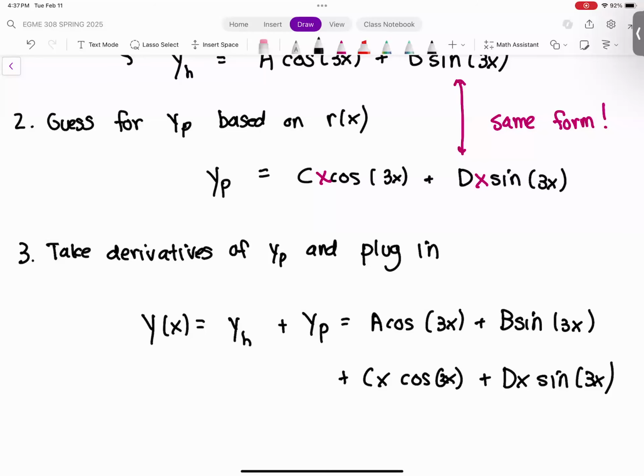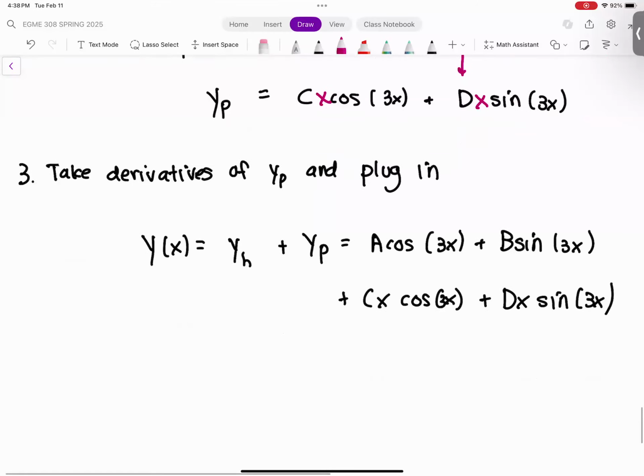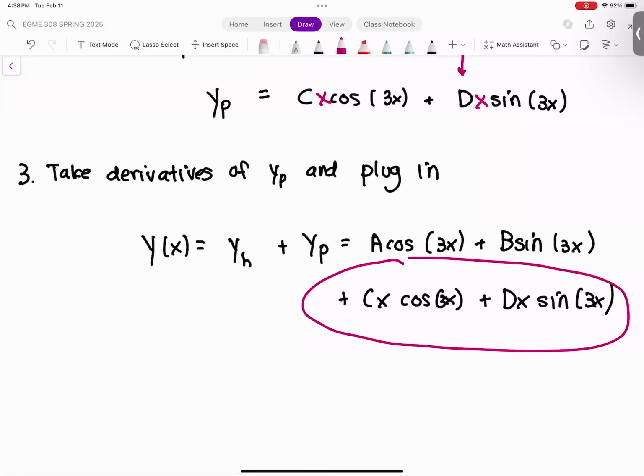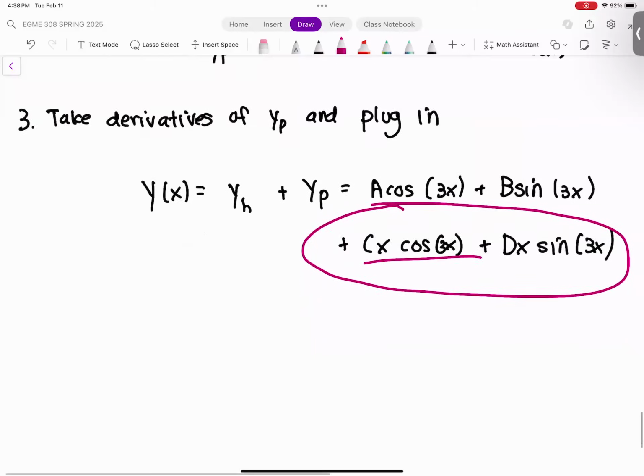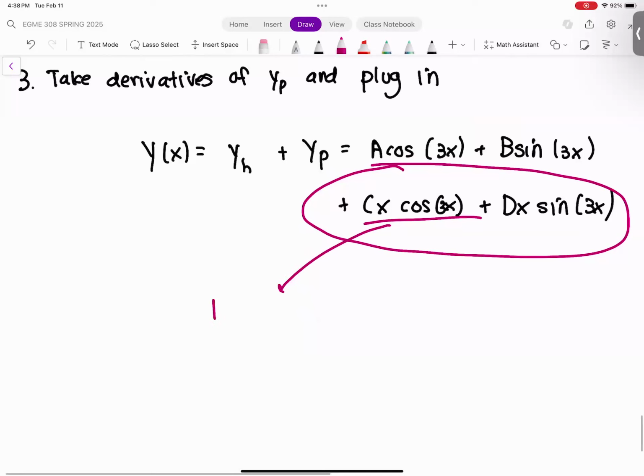So let's look at this solution here. In particular, let's look at our particular solution, cx cosine of 3x. If you plot this, essentially what we have here is a cosine term with a frequency of 3, but its magnitude is going to be increasing according to x.